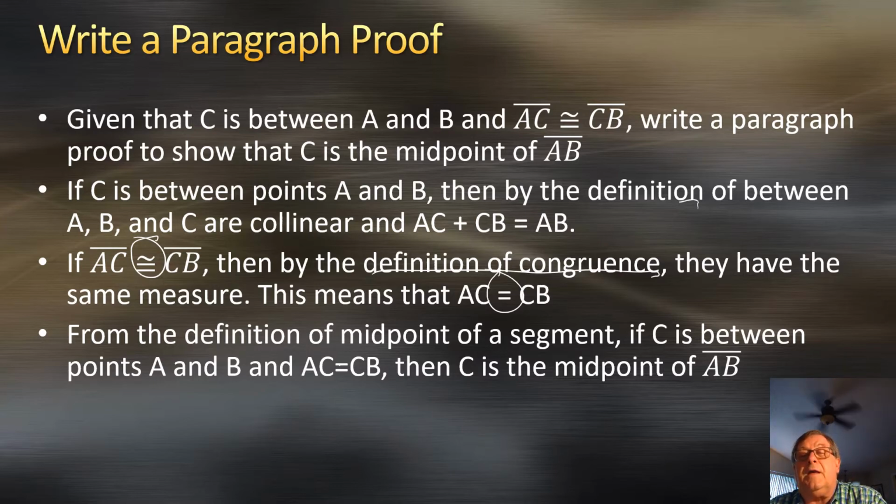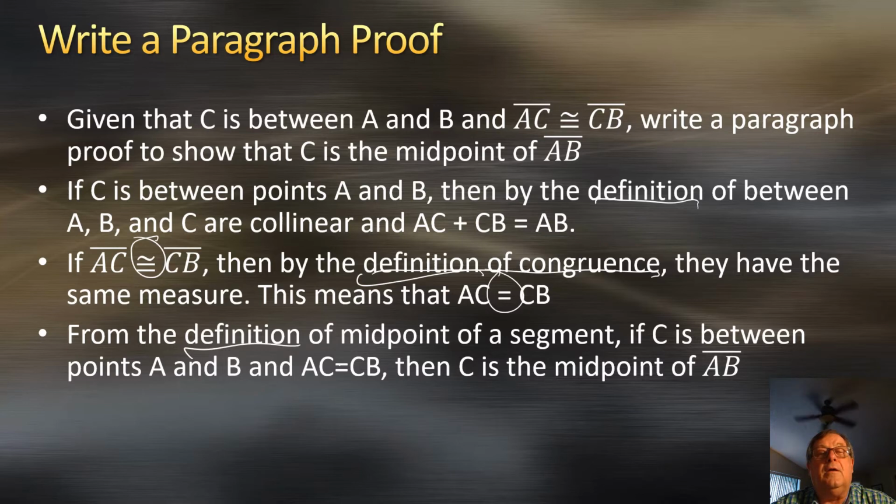Here we talk about definition. Here we talk about definition. Here we talk about definition. We're using these statements of fact to prove what our conjecture is from the definition of a midpoint of a segment. So if something is the midpoint, then in this case, if C is between points A and B, then AC equals CB.